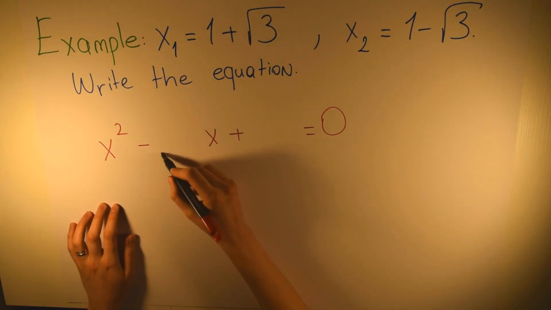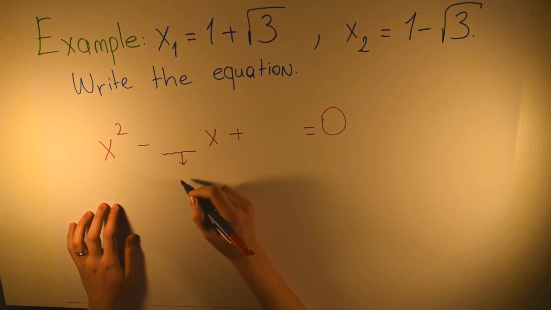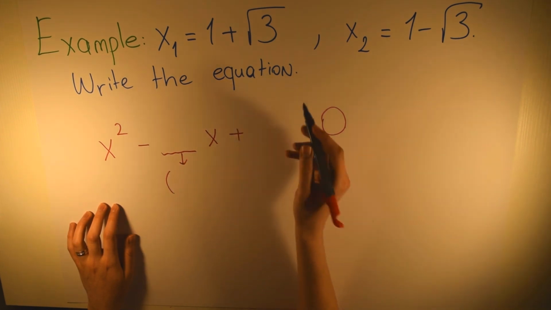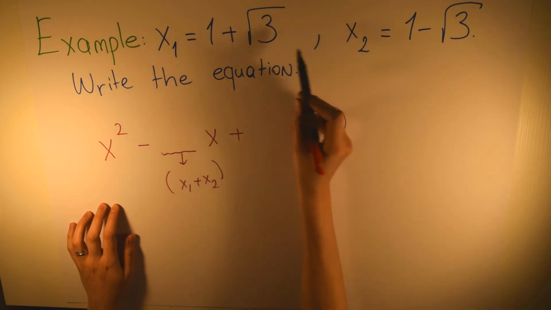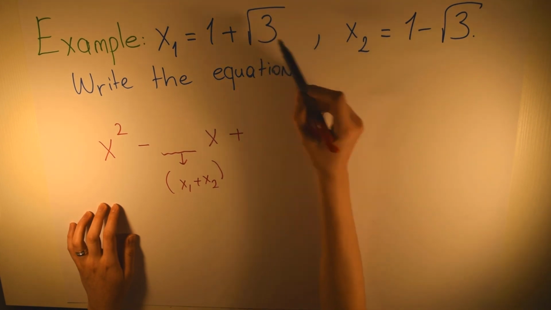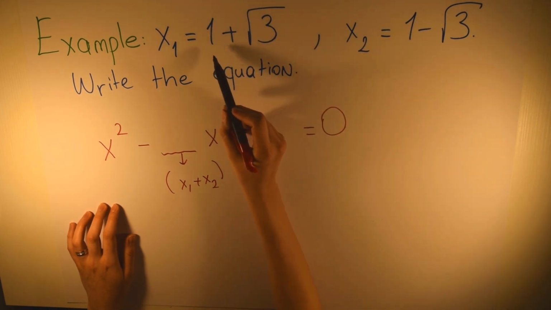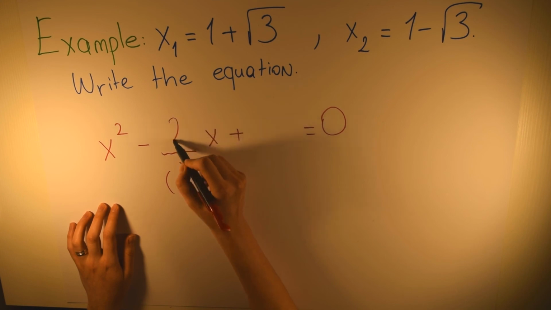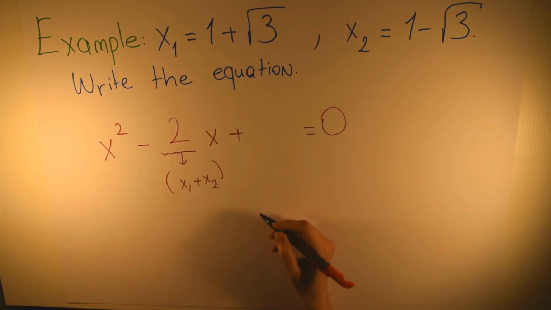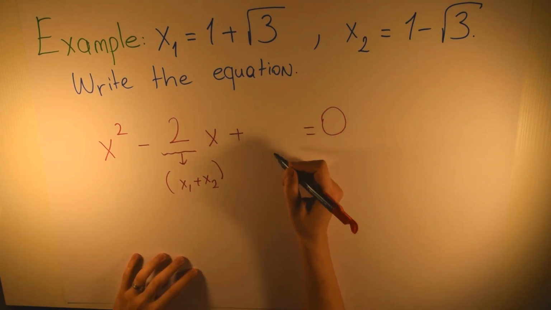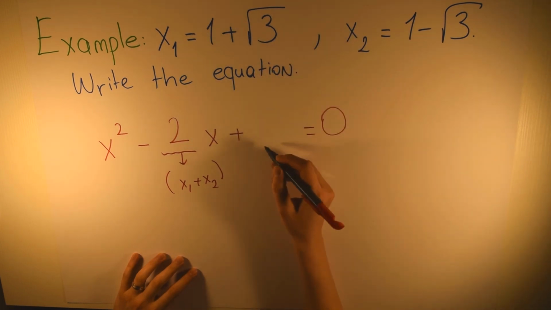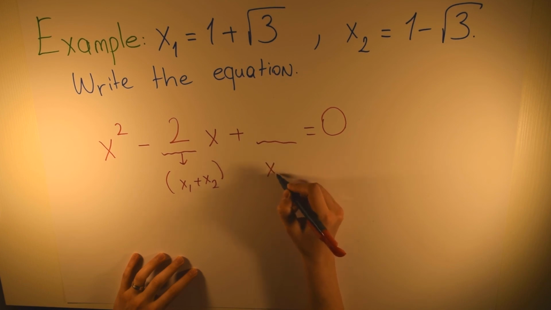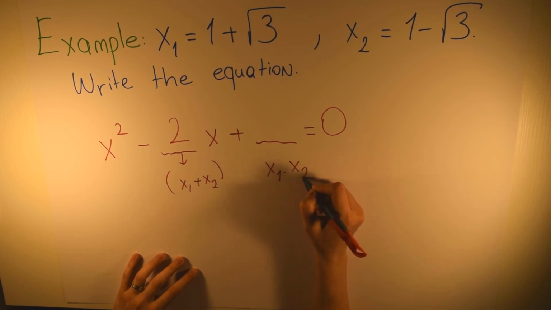So here, this part, we write the sum of these roots, x1 plus x2, which is equal to, when I sum these up together, these will cancel out each other, and 1 plus 1 will be 2, right? After that, here we write the product of these two roots, which is equal to x1 times x2.